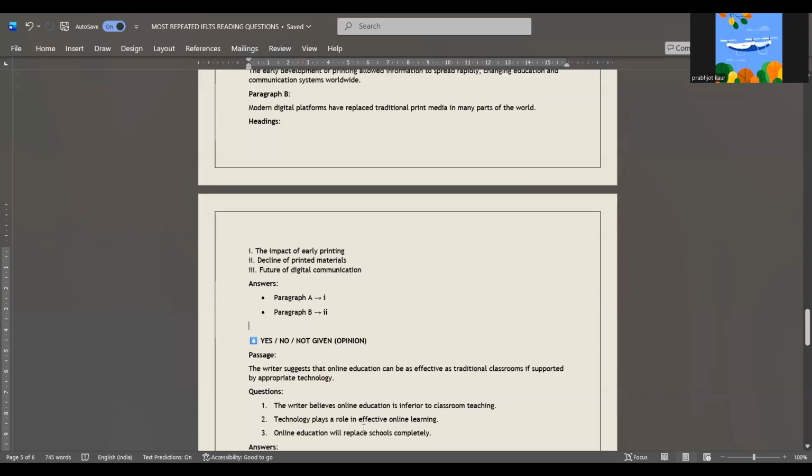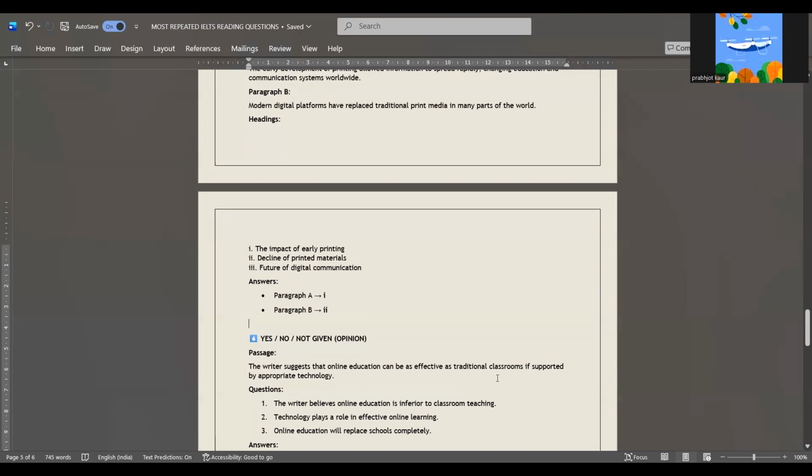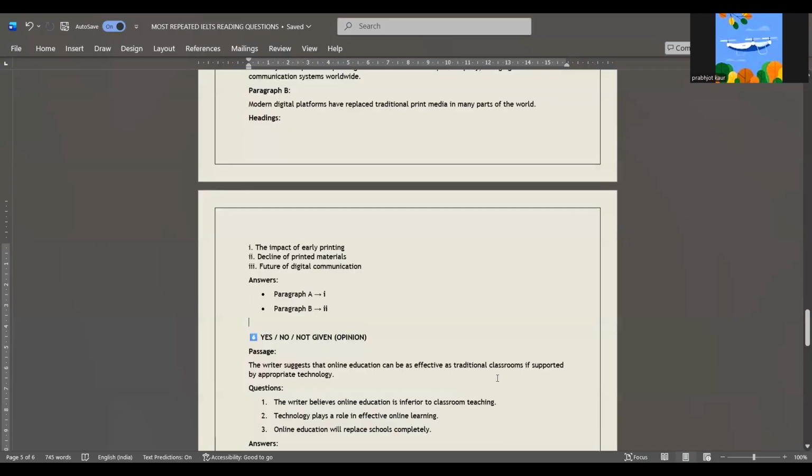Technology plays a role in effective online learning. Effective as a traditional classroom if supported by appropriate technology. So you can take time to solve these types of questions, and technology plays a role in effective online learning.